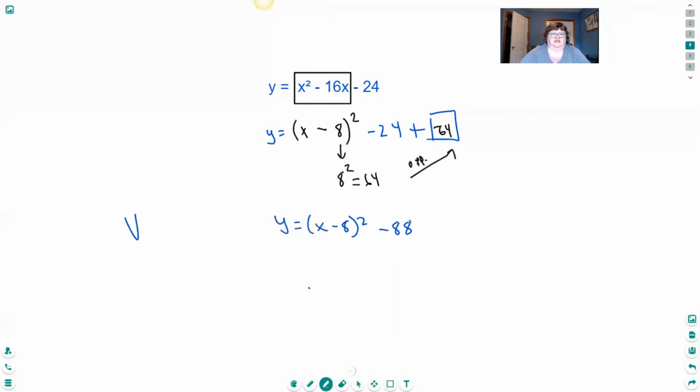So this would be vertex form. And the vertex would be at opposite of negative 8, which is 8, and then negative 88. So again, remember, you're taking the opposite of what the number attached to the x is. Keep the last number the same. And I'm done. So that's how to do it. Complete the square if there's no number in front of that.